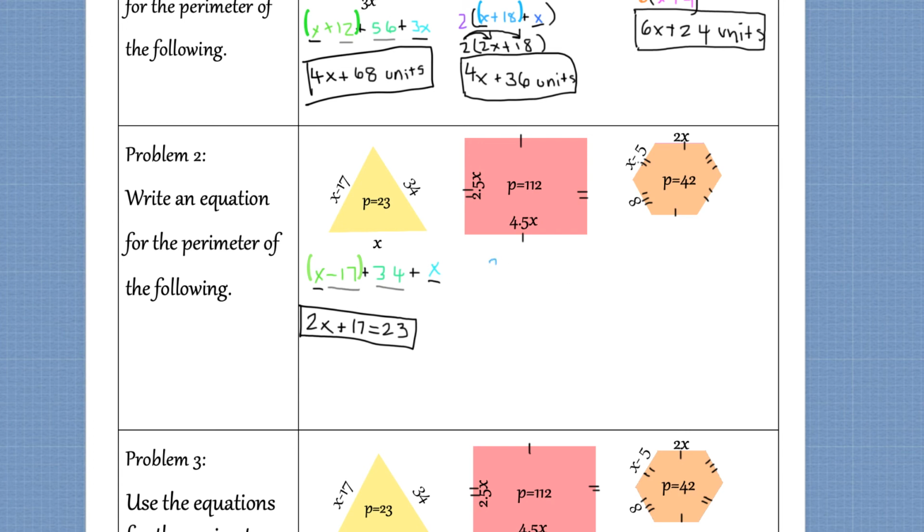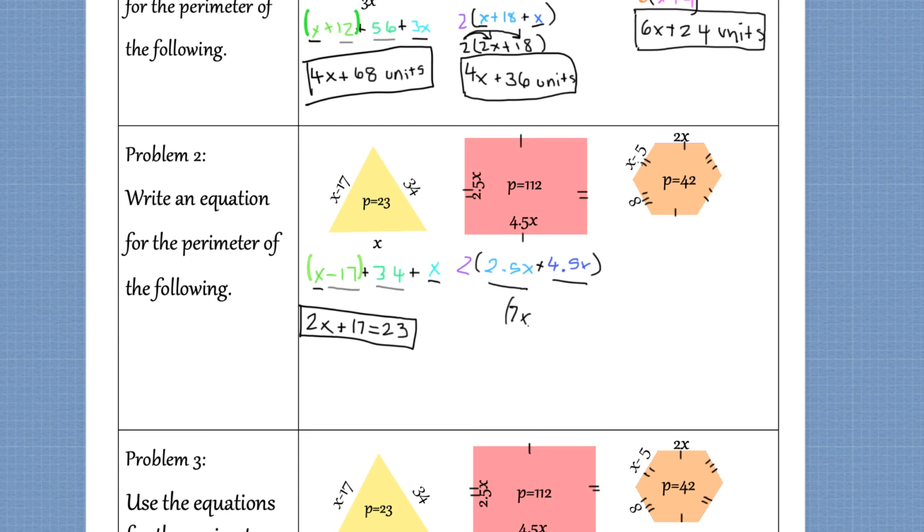So 2.5x and 4.5x. Then we're going to put these in parentheses and multiply it by 2. First, what we're going to do is simplify inside of the parentheses. They're both x terms here, so 2.5x plus 4.5x is equal to 7x.